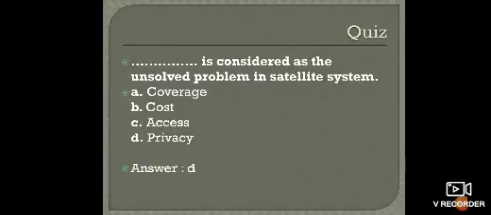That is the unsolved problem in our satellite systems. Coverage can be done, cost is considered, and access is also considered, but privacy is an unsolved problem. Okay, D is the correct answer for this question.